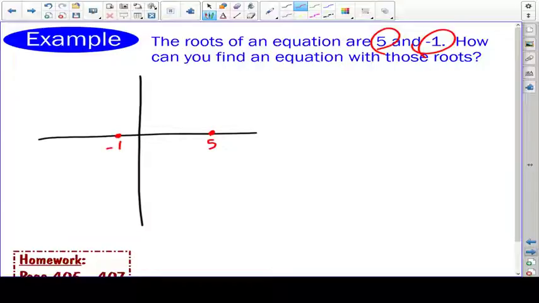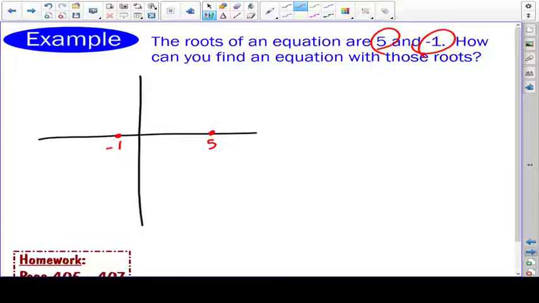Now, we're literally given no other information. So really, we could come up with an equation that opens up, opens down, it could be skinny, it could be fat, it could be almost anything.